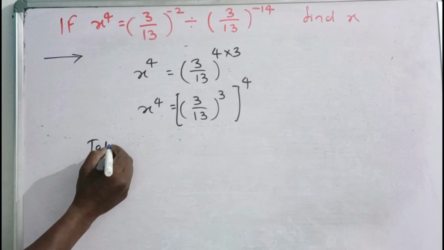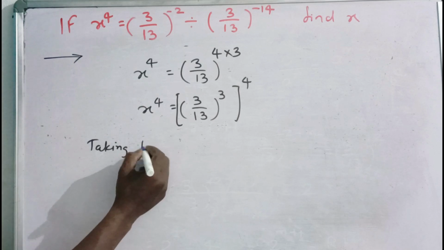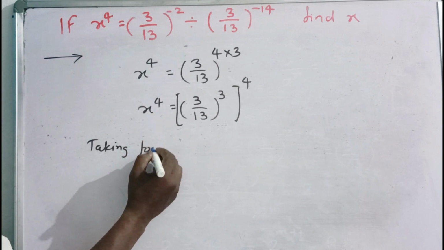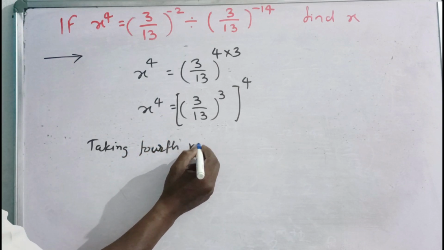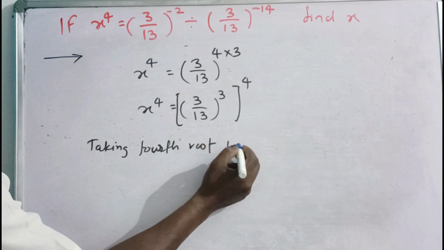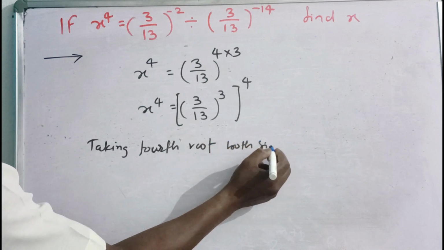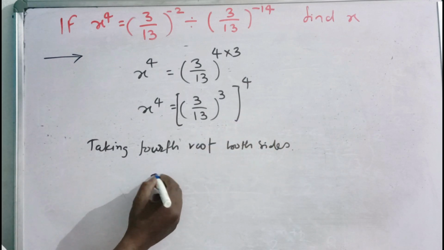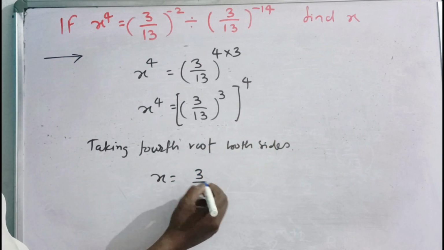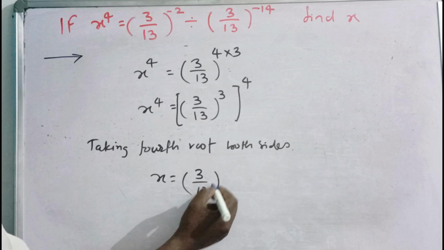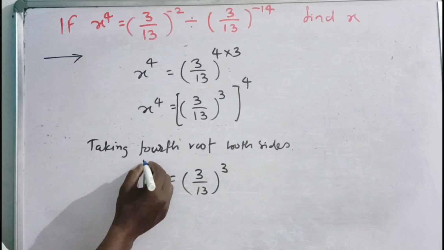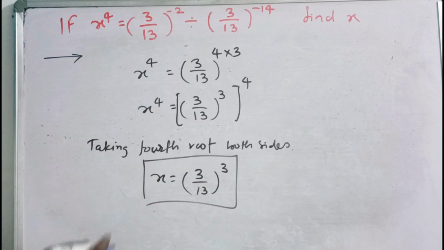Taking the fourth root on both sides, x is equal to 3 by 13 raised to the power 3. This is the answer. You can solve it again: 3 raised to the power 3, 13 raised to the power 3, take the division, calculate, maybe you get the answer.